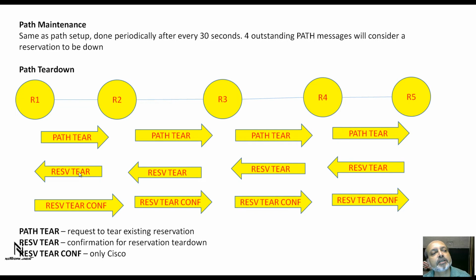Now, if you are using Juniper routers or any other vendor routers, the process stops at the second step. But if you are using Cisco routers, an additional third step is there where R1 sends a confirmation for reservation tear. That confirmation is handed over in the same chain-like fashion up to the tail end, or R5, right?